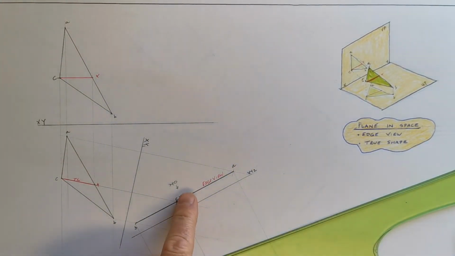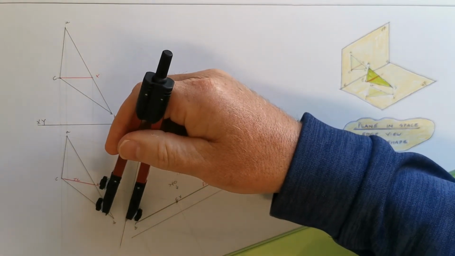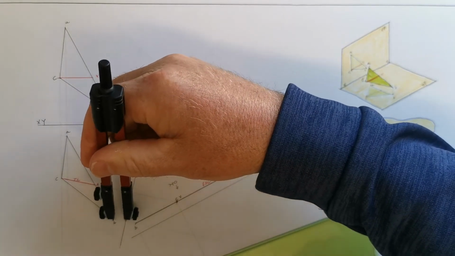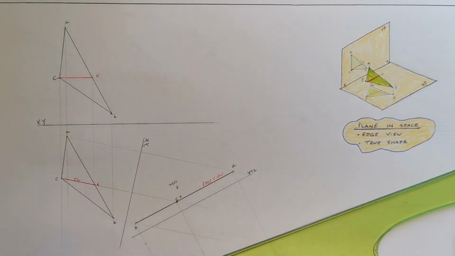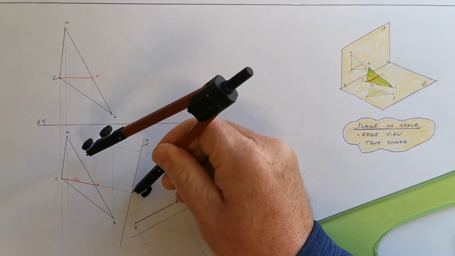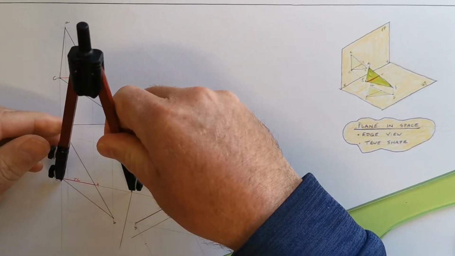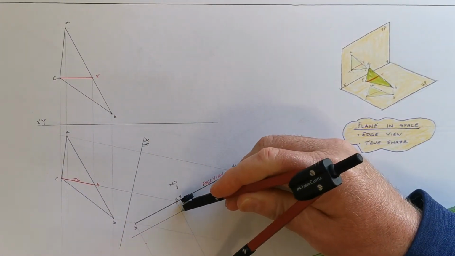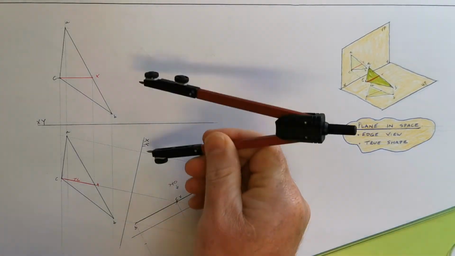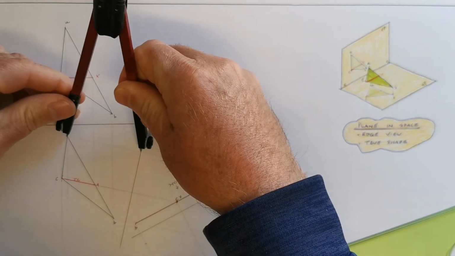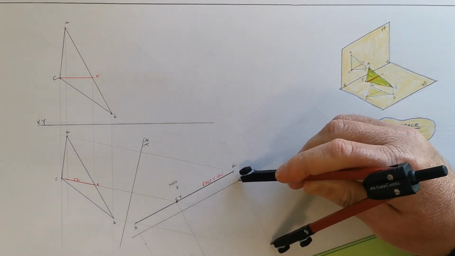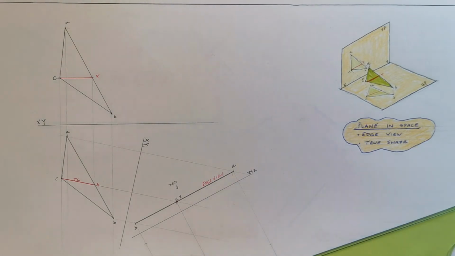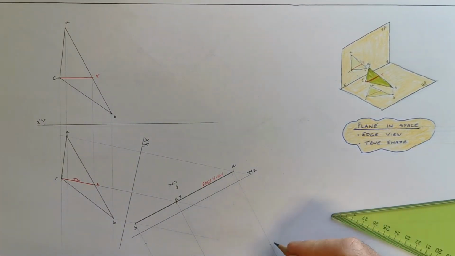So projecting from here, last XY line back. So this is my distance for B. This is my distance for C. And here's my distance for A. Just label them.